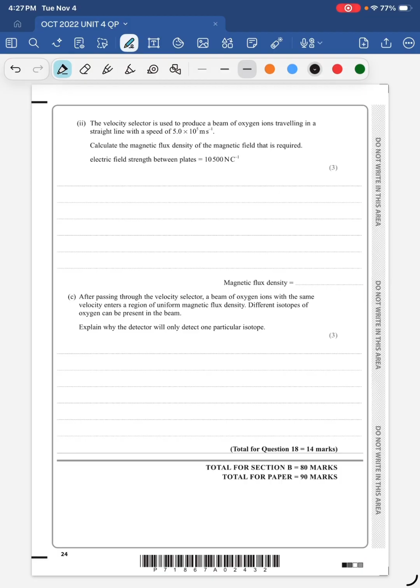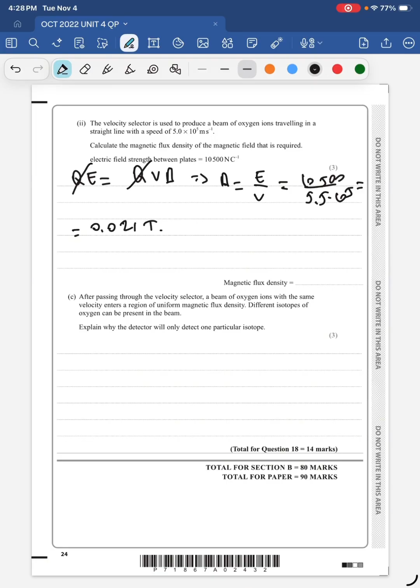So Q times E must be equal to Q V B. Q cancels, so B is just E over the velocity. So 10,500 over 5.5 times 10 to the 5, which is the velocity, gives 0.021 Teslas.